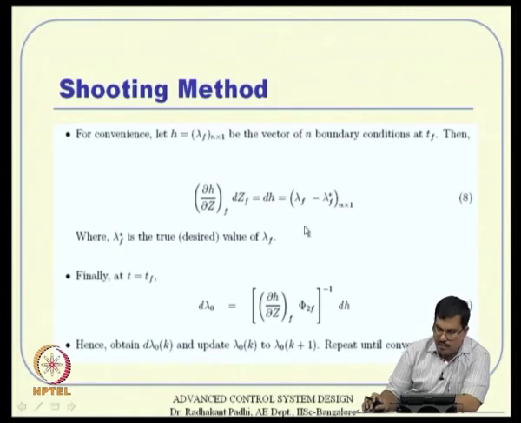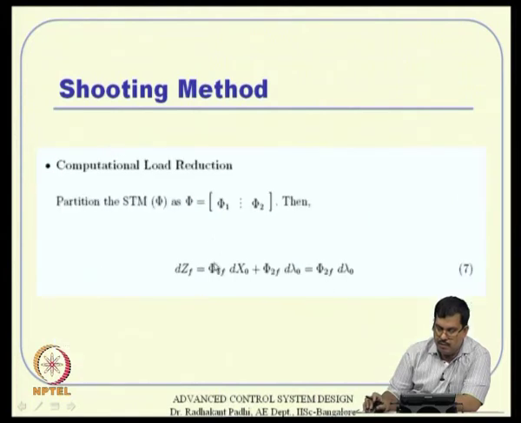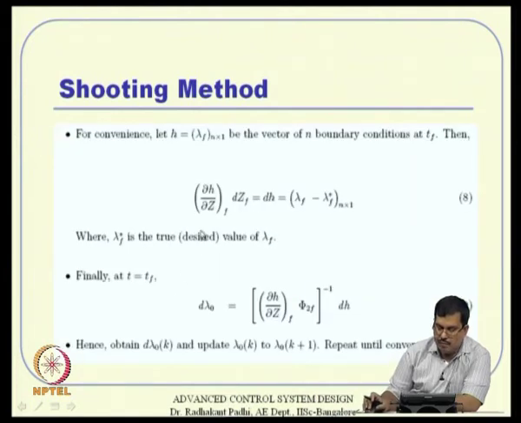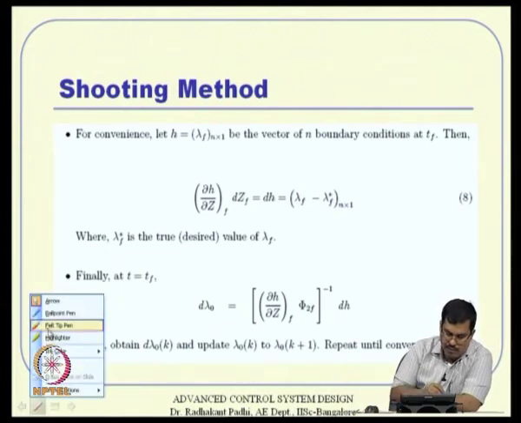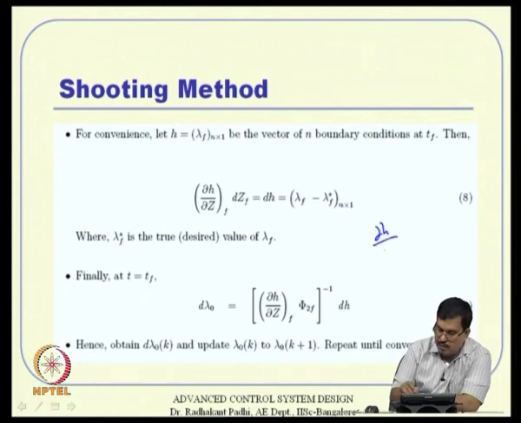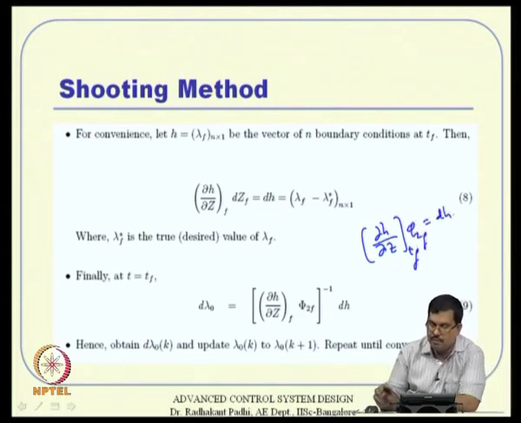So, that is what we need to do, and hence this equation that you see here now, if you go back actually, you can interpret only d lambda f, that is dh actually. Okay. So, what will happen is something like del h by del z, evaluated at Tf, into phi 2f into d lambda 0, is equal to dh actually, that is what you will do.